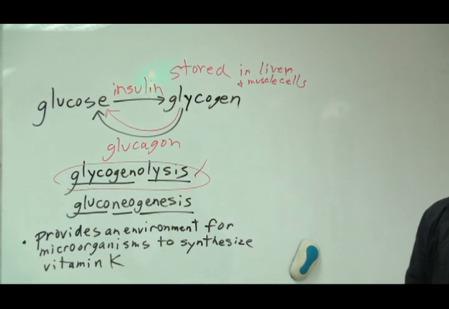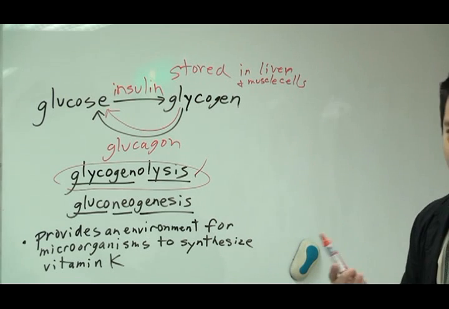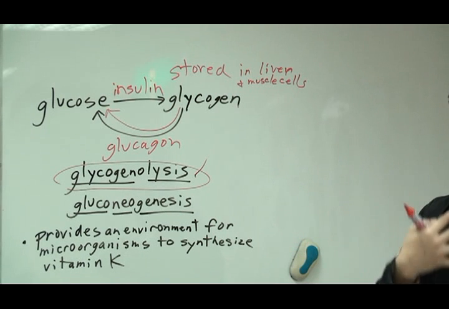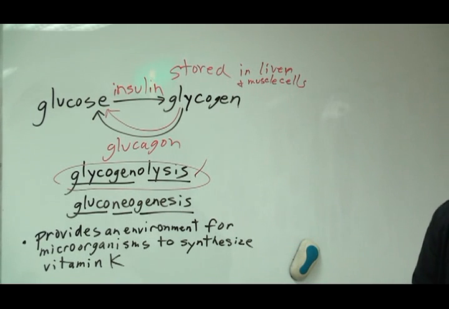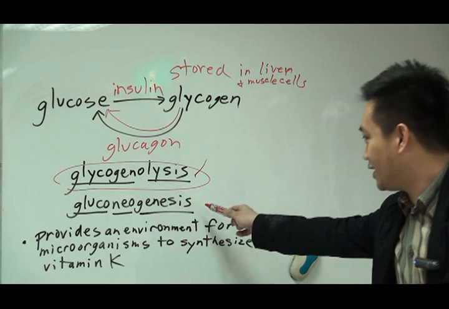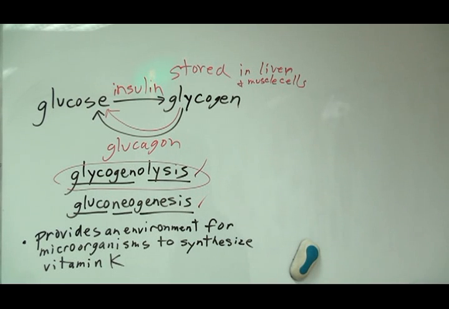There will come a time when your glycogen will be gone, because you've used it already. So where does the body get the energy if your glycogen is no more? From fat. And if you don't have fat anymore, protein. So that is gluconeogenesis, production of new glucose from non-carbohydrate sources.